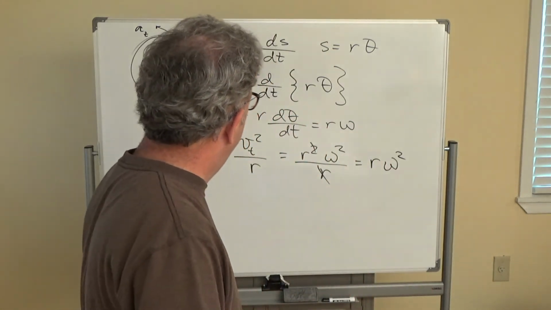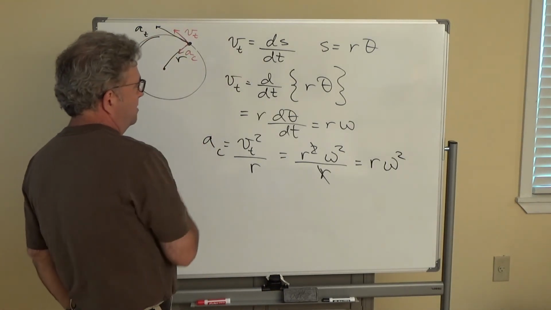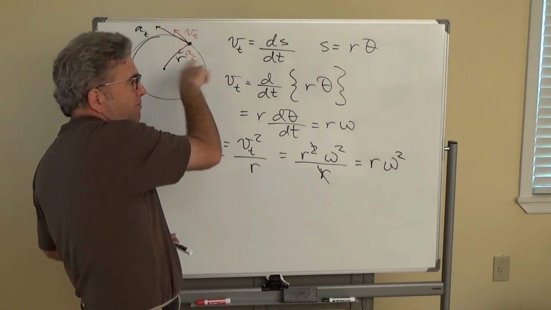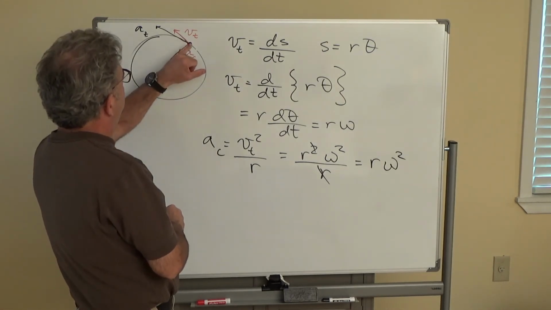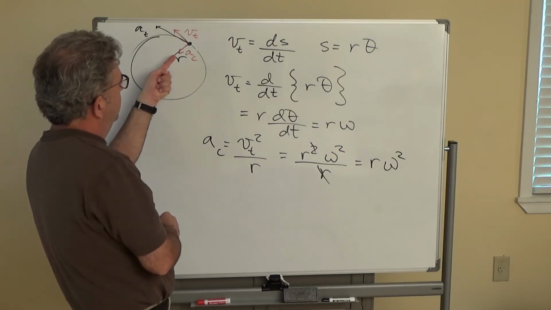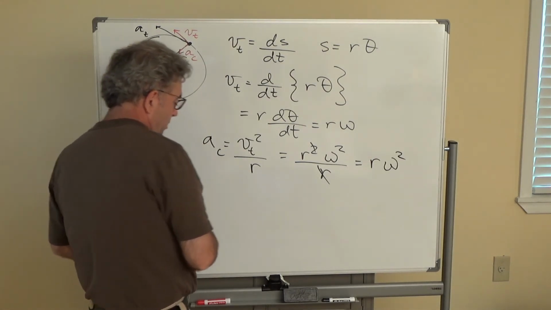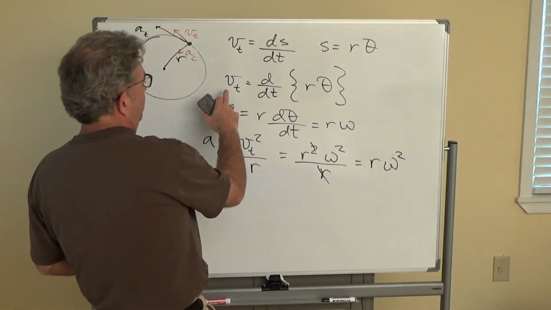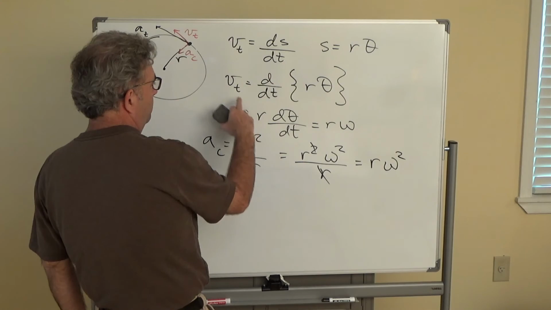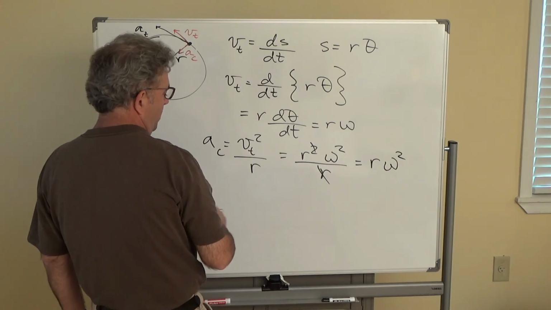Now, the tangential acceleration. If this object has an angular acceleration, it's speeding up, it's spinning and getting faster and faster, then this point not only has a centripetal acceleration in this direction, it's speeding up this way. That's the first derivative of the tangential velocity.